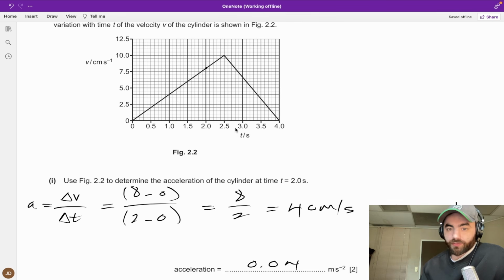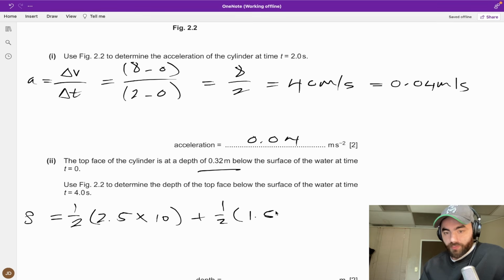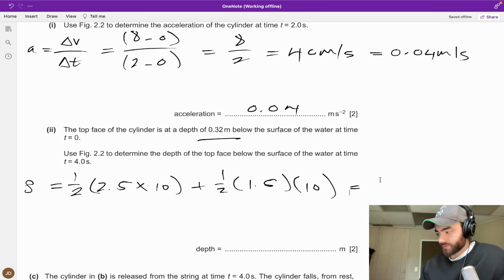Okay, so 2.5 to 4, this is 1.5 here. So the base 1.5 times the height, again, would be 10. Okay, and this will give us 25 divided by 2 plus 15 divided by 2, 7.5, so plus 7.5. It's 20.